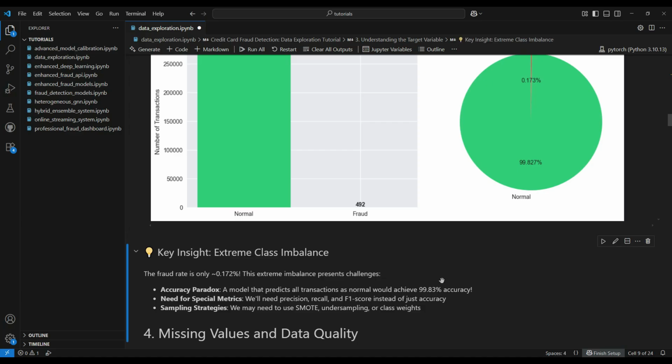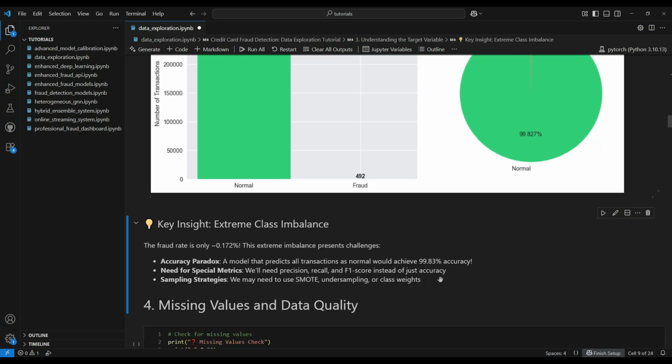So this tells me three things. First, I can't use accuracy as a metric. Second, I need to use F1 score, precision, and recall instead. Three, I will need special techniques like SMOTE or class weights to balance the target variable.